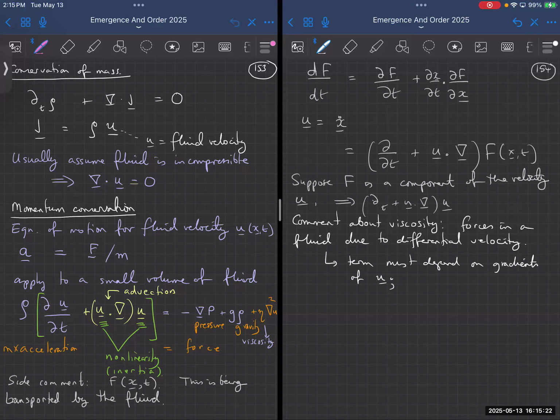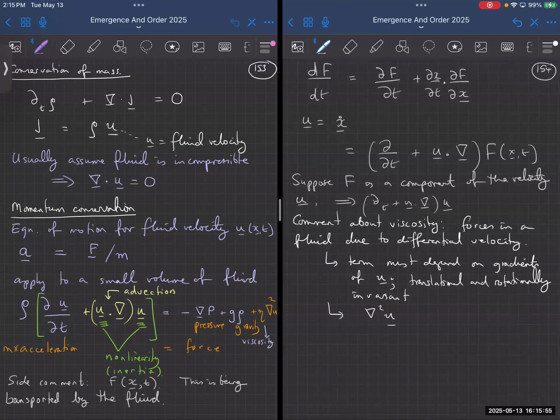But it also needs to be translationally invariant and rotationally invariant. And so that means that the only term that we can construct that is related to derivatives that is rotationally and translationally invariant has to be of the form del squared u.